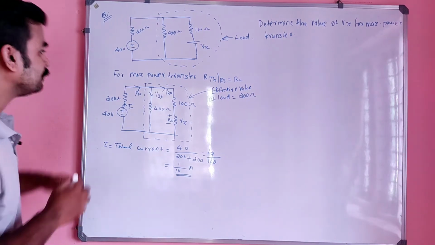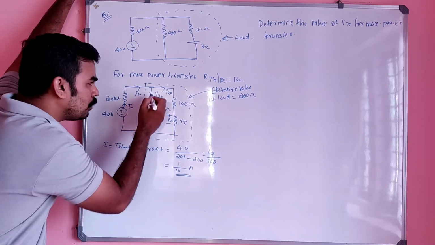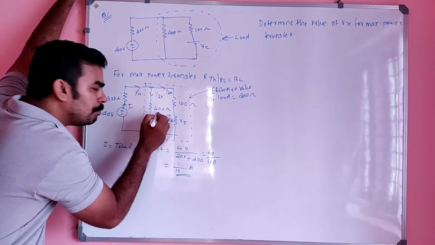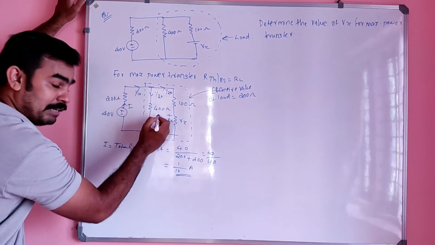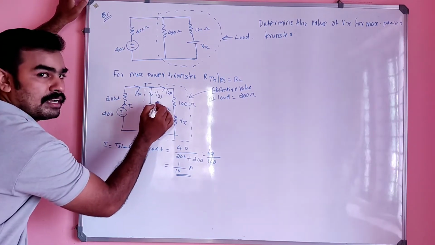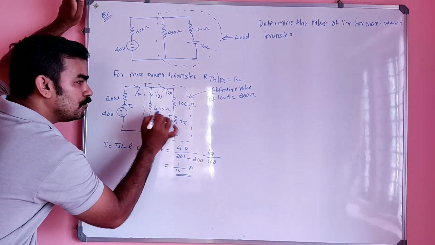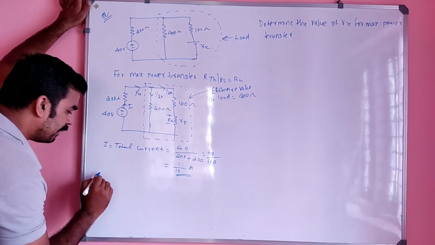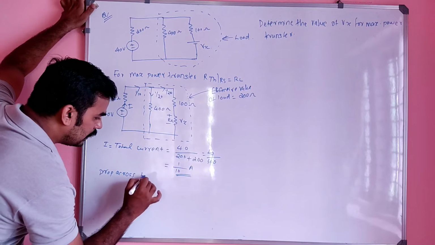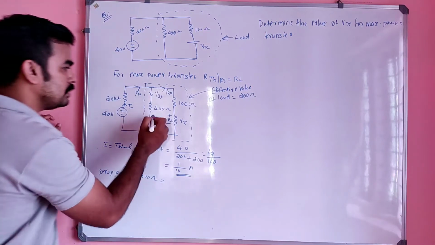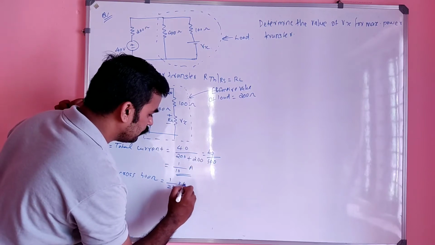So see, due to this 1 by 20 ampere current, there will be some voltage drop across this 400 ohm, right? I can write the drop across the 400 ohm in this first branch will be equal to 1 by 20 into 400.